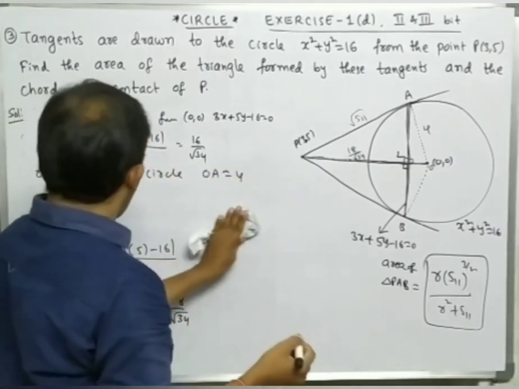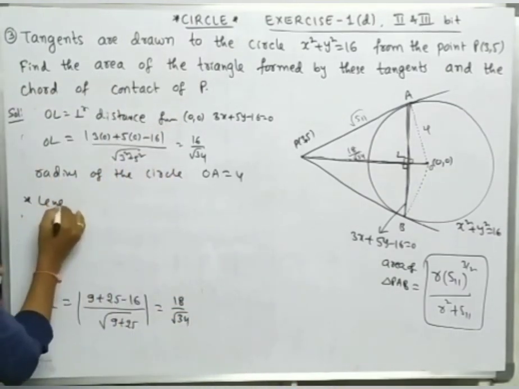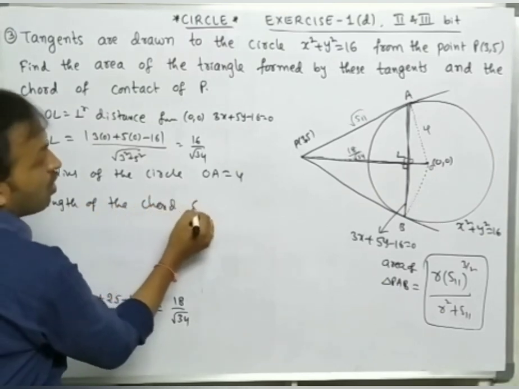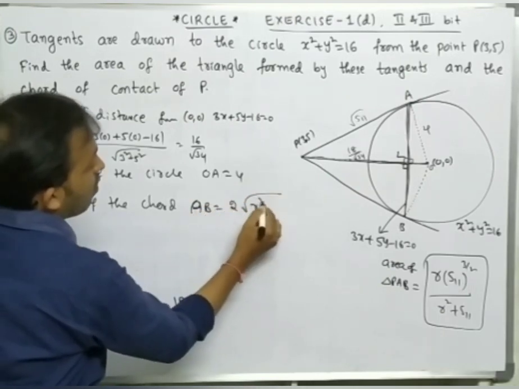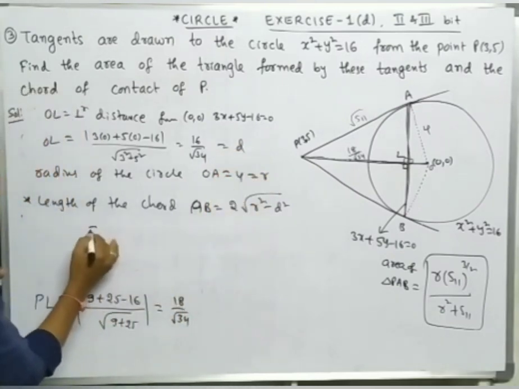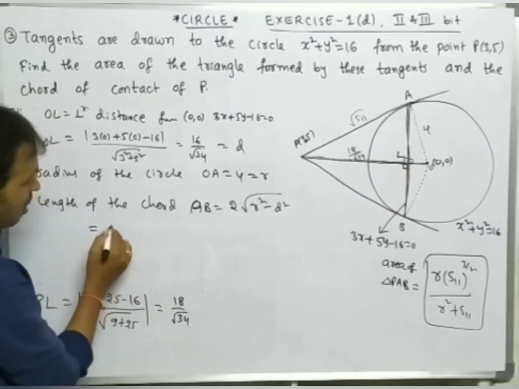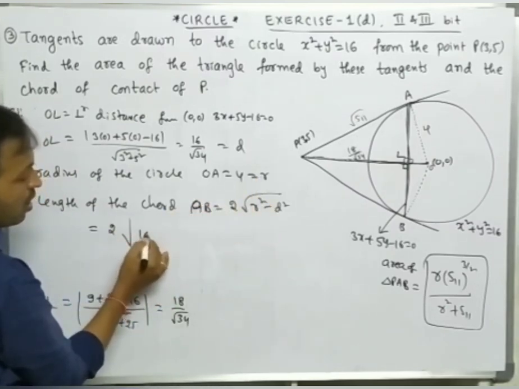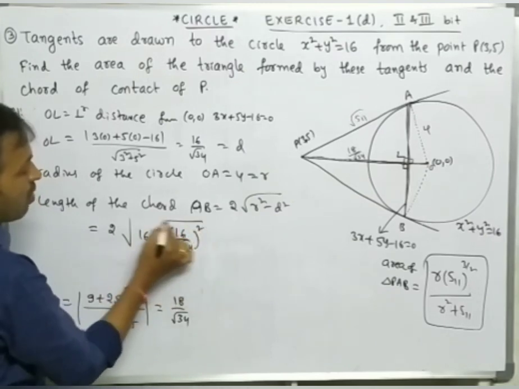Okay, now the length of the chord. Length of the chord AB is equal to 2 into under root of r square minus d square. This is r, this is d. Okay, so this is the formula. The length of the chord you already found in previous videos. 2 into under root of r square, 4 square, 16, minus d square, 16 by root 34 whole square.